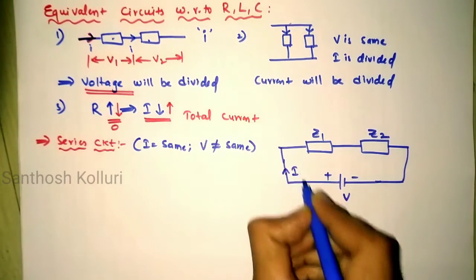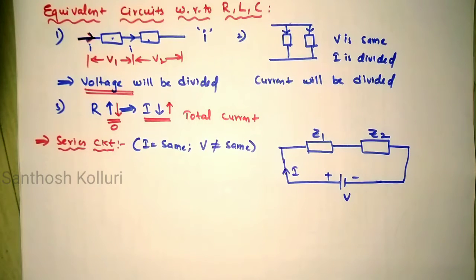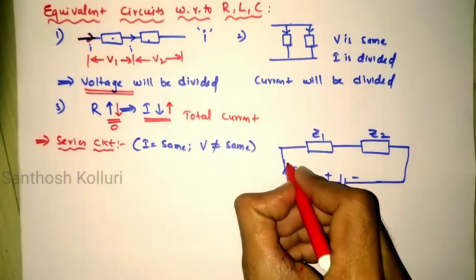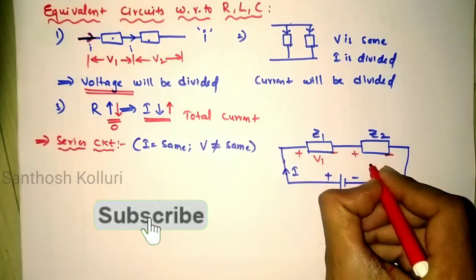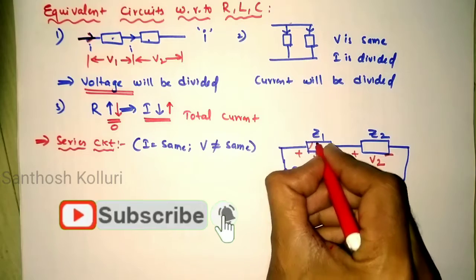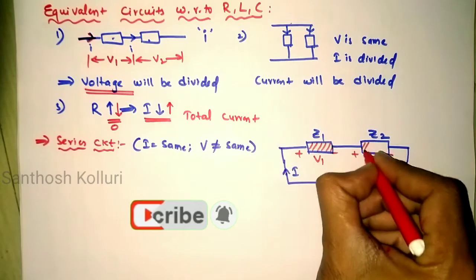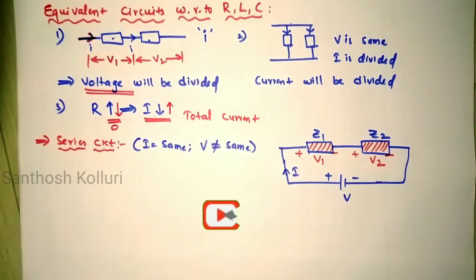The net current flowing is I. The current flowing through the elements is the same, but the voltage will be different based on the parameter values, since Z1 and Z2 offer different impedances.